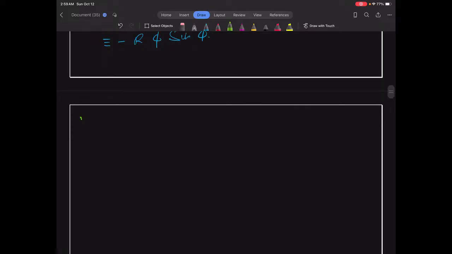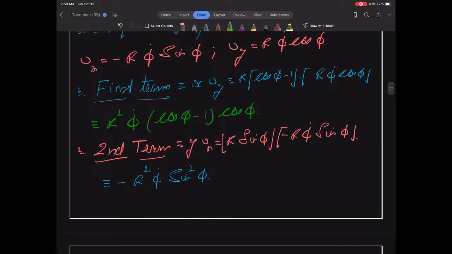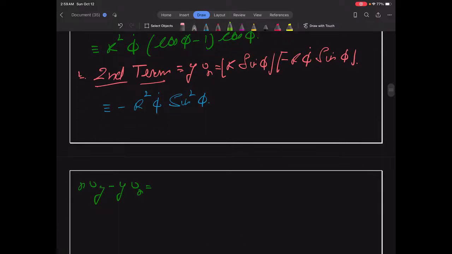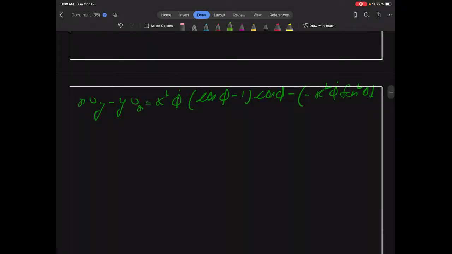So we get x v_y minus y v_x, and we can take R square phi dot common, and we have here cos of phi minus 1 times cos of phi, minus, minus of R square phi dot and sine square phi. We just expand and open it.